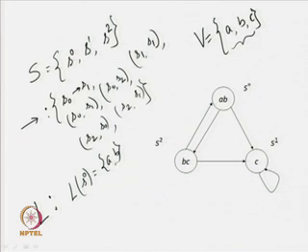So, when we come to state S0, the atomic propositions A and B are true, and indirectly it says that in S0, C is not true. That means we could label it by not C also.